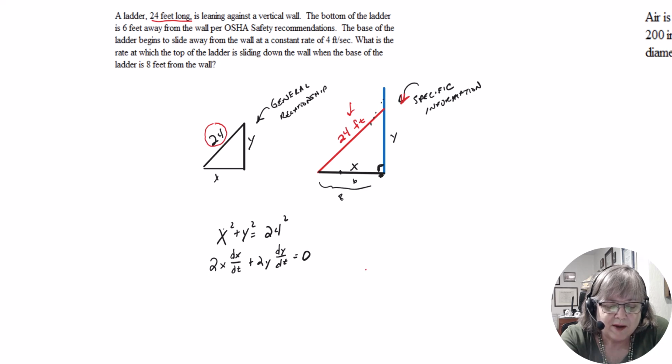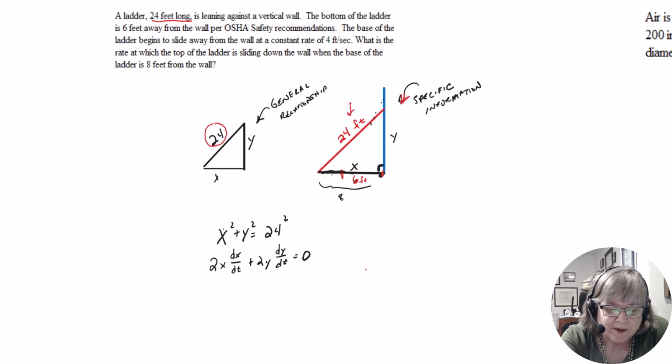Okay, so I've got kind of my little 6 right here labeled. That's from here to here, 6 feet. And the base of the ladder begins to slide away from the wall at a constant rate of 4 feet per second. Okay, now the base is this part right here with the black.